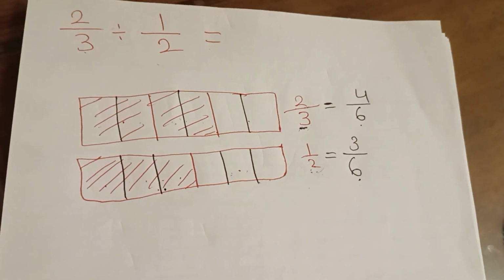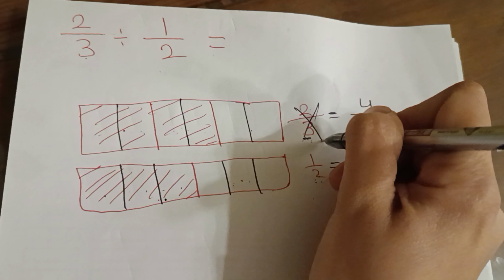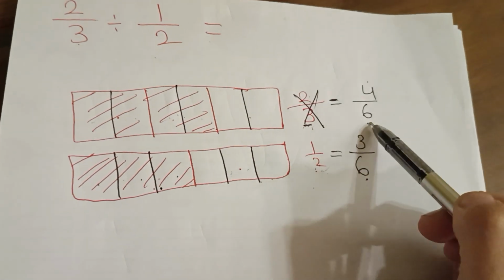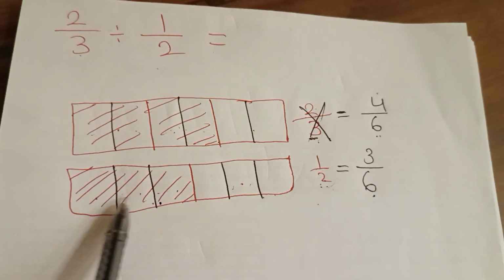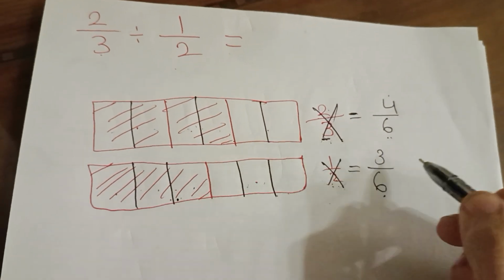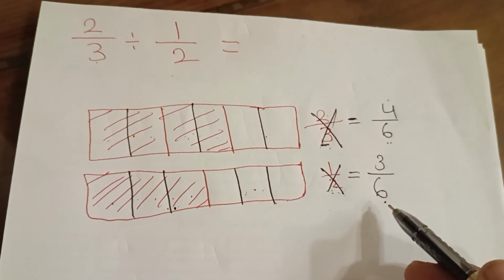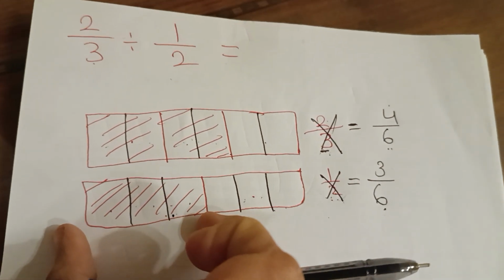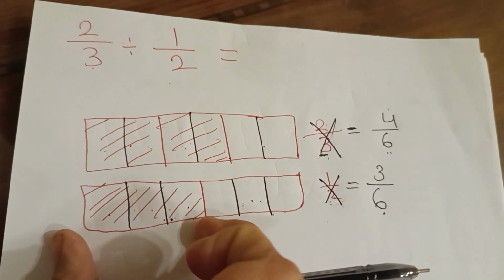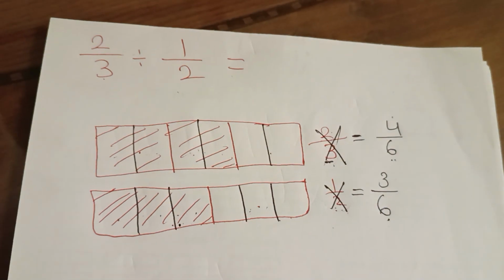Can you make the division now? Now, instead of 2/3, I convert it into 4 sixths. And instead of 1/2, I convert it into 3 sixths. To measure the size of this 1/2, which is 3 sixths, how many groups of this part are there?